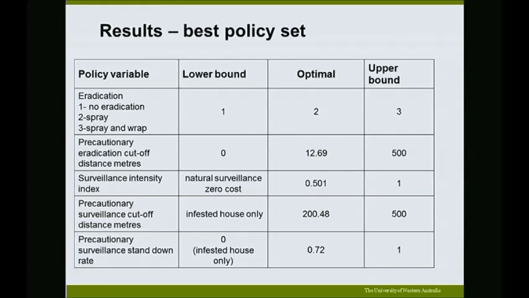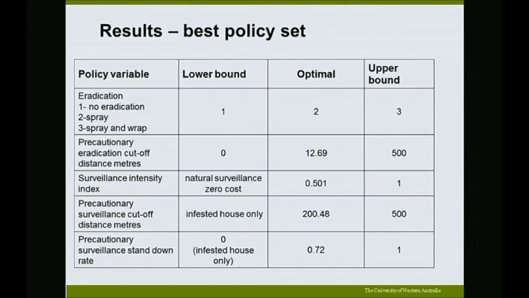And the lower bound gives the lower bound of the policy parameter that we looked at, and then this is the upper bound on the policy parameter. So, for instance, surveillance intensity is an index between natural surveillance, which is fixed at 0.5, and 1.